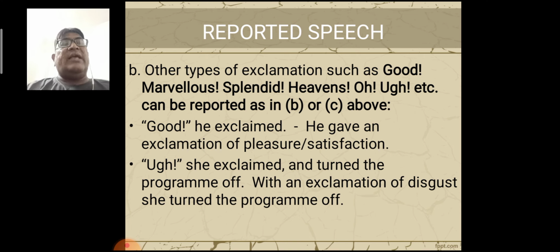Other types of exclamation such as good, marvelous, splendid, heavens, oh, ooh, etc. can be reported as in he or she as above. Let's see examples. "Good," he exclaimed, means he gave an exclamation of pleasure, satisfaction. "Oh," she exclaimed and turned the program off. With an exclamation of disgust, she turned the program off. So we have to change in indirect speech in this way.